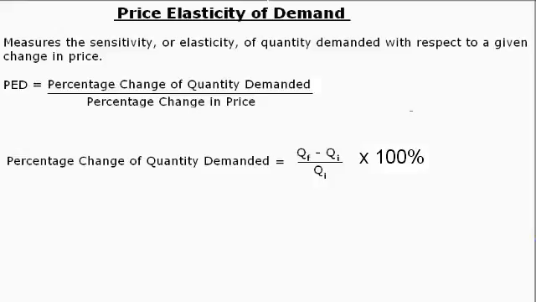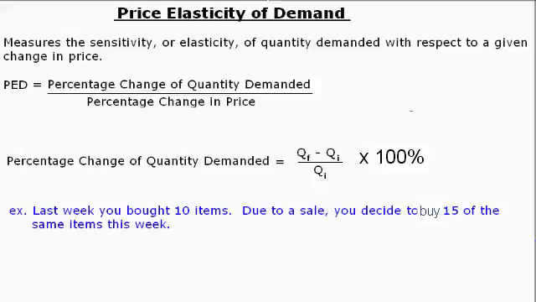To make this a little more clear, I'll demonstrate through an example. Imagine that last week you decided to buy 10 items of a particular good. That could be a pair of shoes, as in the example we're about to delve into, or any good you can think of. Now, due to a sale, you decide to buy 15 of the same items this week.